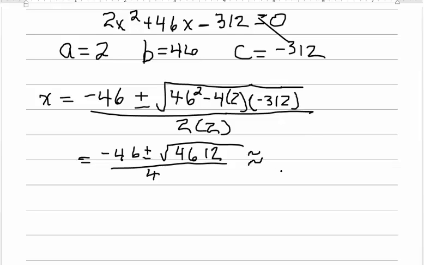What I want to be careful about on a problem like this is when I find the square root of 4,612, if I need the final answer to be rounded to 2 decimals, then I need to make sure that I round this to at least, I would recommend using, 5 decimal places.